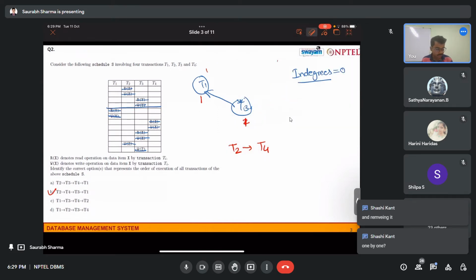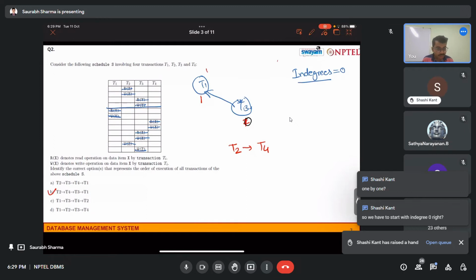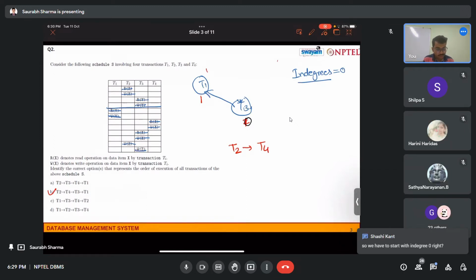T4 is done. Coming to T3 and T1, in degree is 0 and in degree is 1. We have to start with in degree 0 and erase one by one. At last, we have erased the node with in degree 0 in the next step.